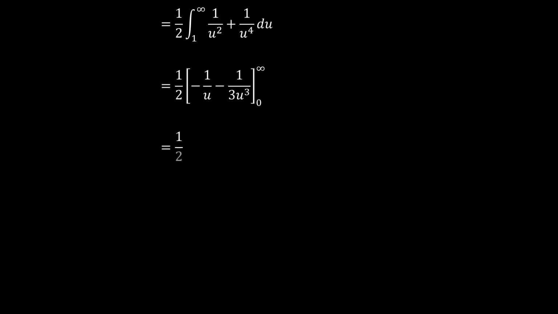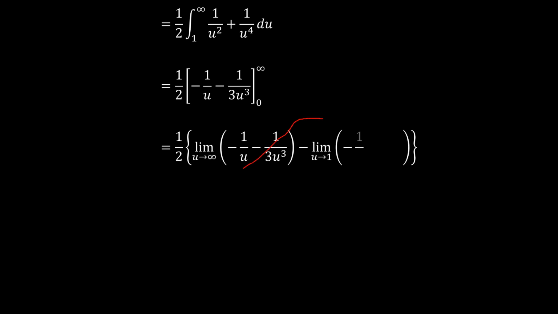So as u tends to infinity, on the upper side, we see negative 1 over u minus 1 over 3u cubed. This entire part goes to 0 because the denominator increases too rapidly, and so we are left with the lower limit.